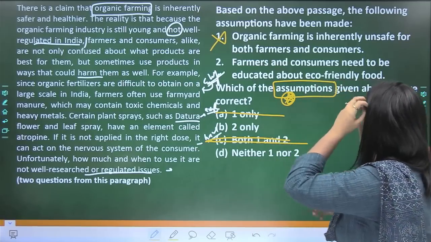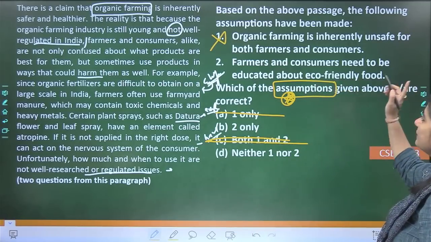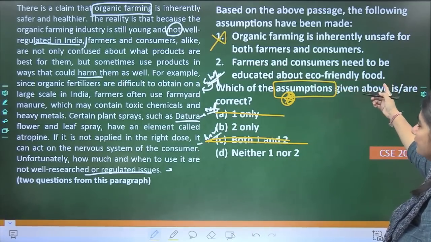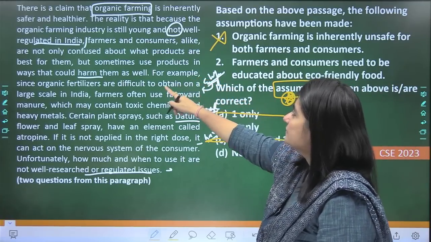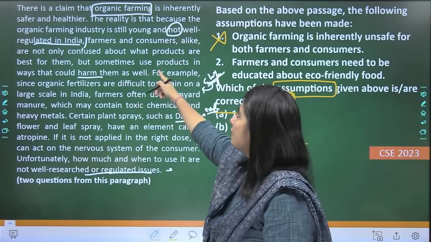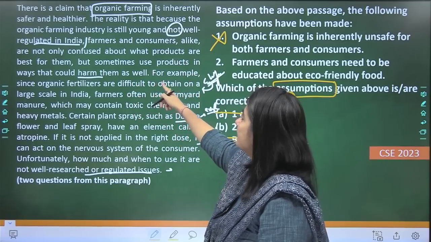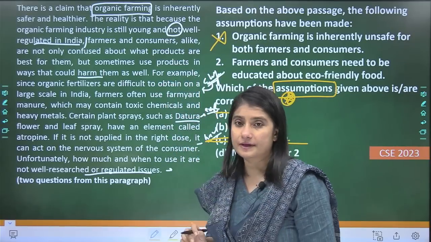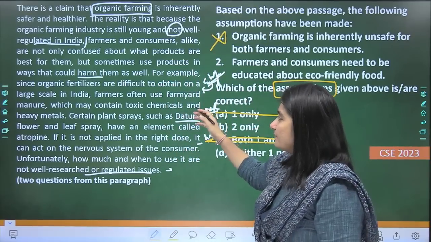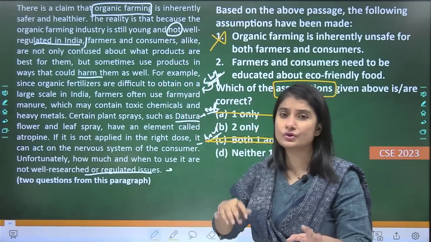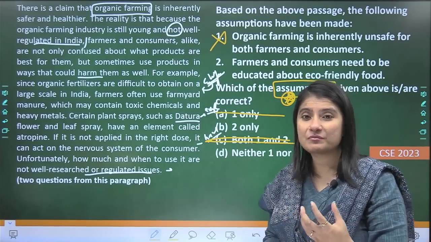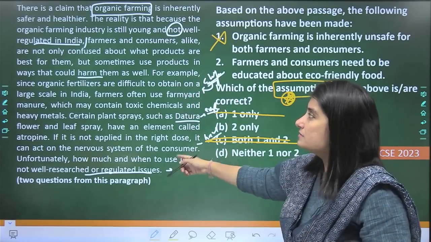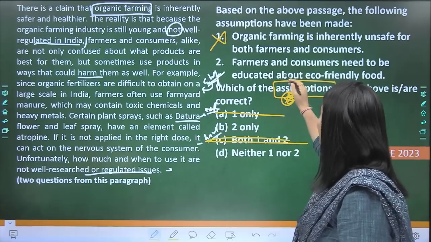Okay. Farmers and consumers need to be educated about eco-friendly food. So now here the second one. Farmers and consumers alike are not only confused about what products are best for them, but sometimes they use them in the wrong way. Now this is the challenge, that farmers don't know how to use and consumers don't know how to choose. So yes, an assumption can be made from the passage. The author is talking about what?